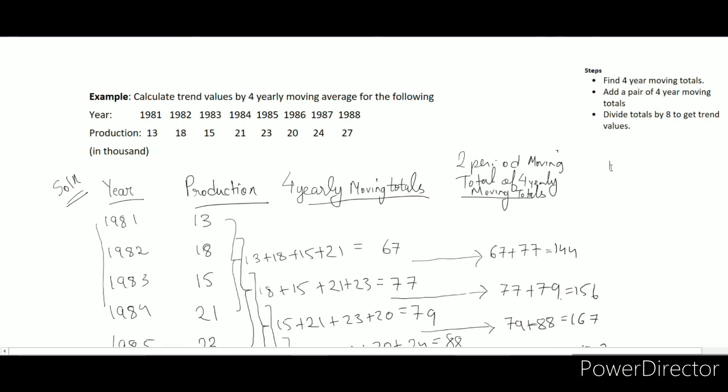So the last step is now divide these values by 8. That is how we get the trend values, which have been centered now. We divide 144 by 8, we get 18, and 156 divided by 8, approximately 19.5.